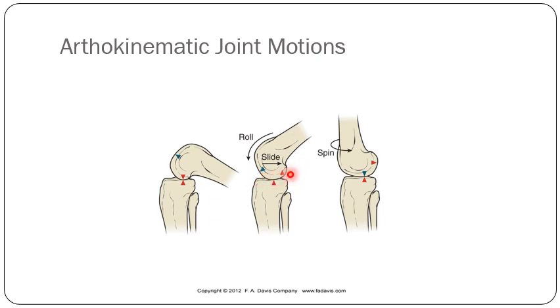And again, spin is when one point stays fixed and rotates. Now, in all our joints, you have both roll and slide taking place. This is important to understand when we talk about joint dynamics. On the next slide, we're going to talk about the convex-concave rule and what that means for joint surfaces.